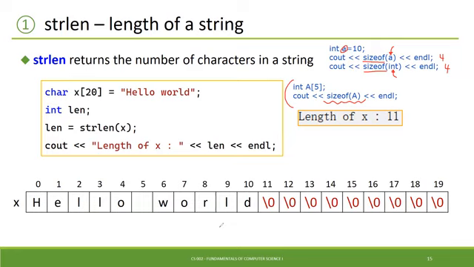Four? Is it 4? It's 20. Because sizeof A means the total size of the array A, okay? So this will be 20, the total size of an array. I mean, yeah, the capital letter.